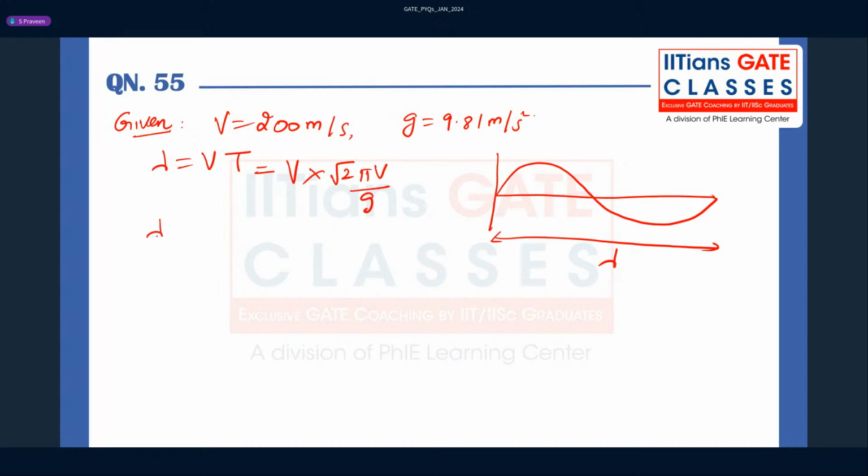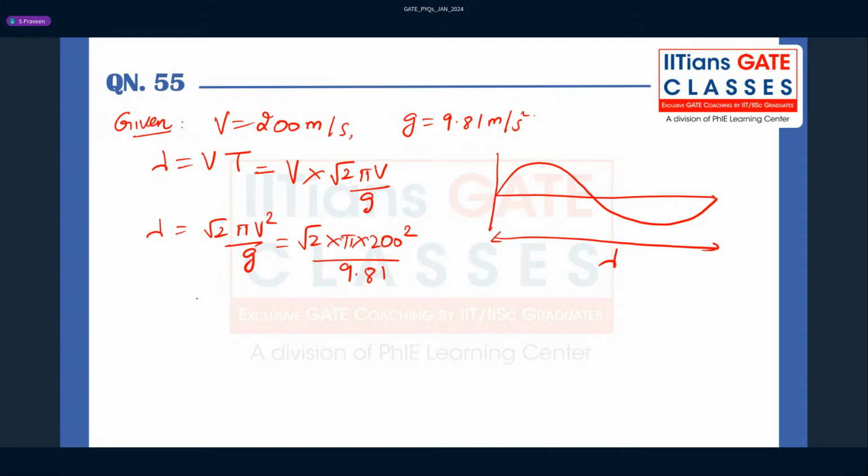And if you substitute that, we'll have root 2 times pi v squared by g. If you substitute all the values in here, root 2 times pi times 200 squared by 9.81, this is my lambda.